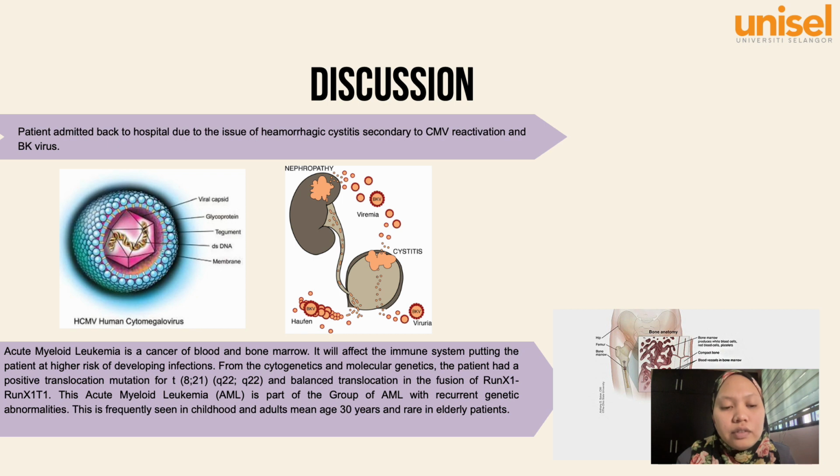This is frequently seen in childhood and adults at a mean age of 30 years and rare in elderly patients. But because this patient has dialysis and multiple infections, these patients might also have a genetic disorder coming from the genetic materials, and that's why the acute myeloid leukemia happens in this patient.